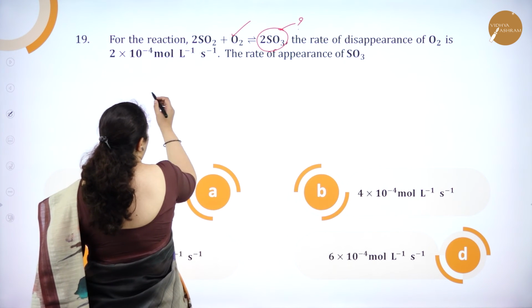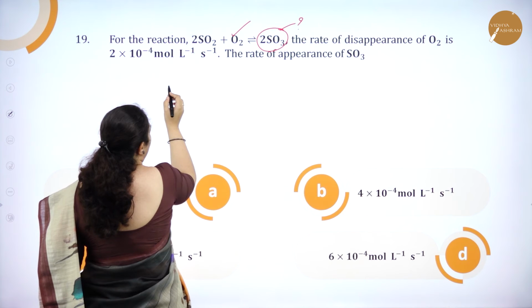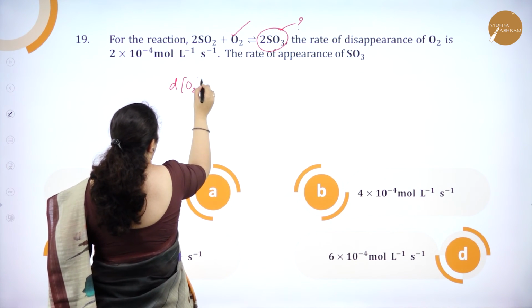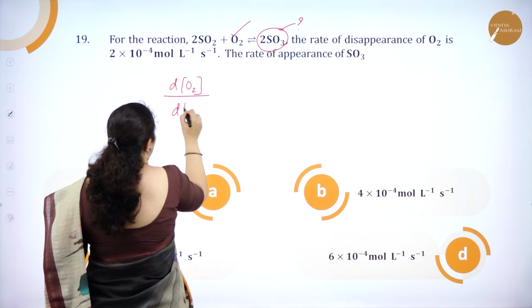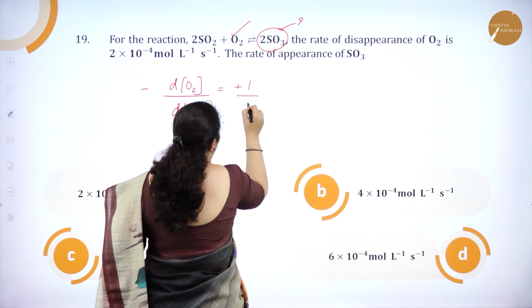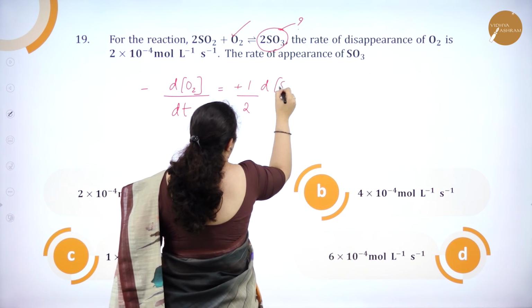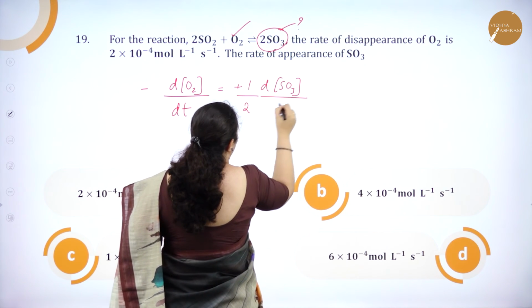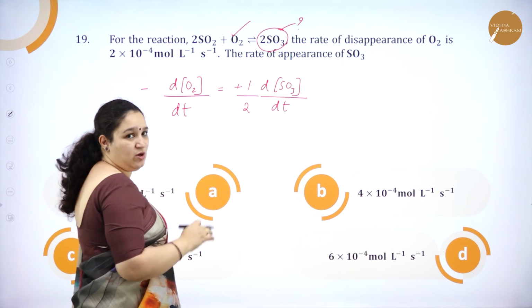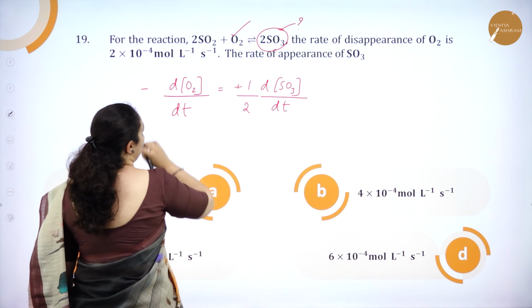Just write the rate of disappearance, that is -Δ[O2]/dt is equal to +1/2 Δ[SO3]/dt. Now, plus and minus signs you don't have to take when you are solving the problems. So, this value you already know.